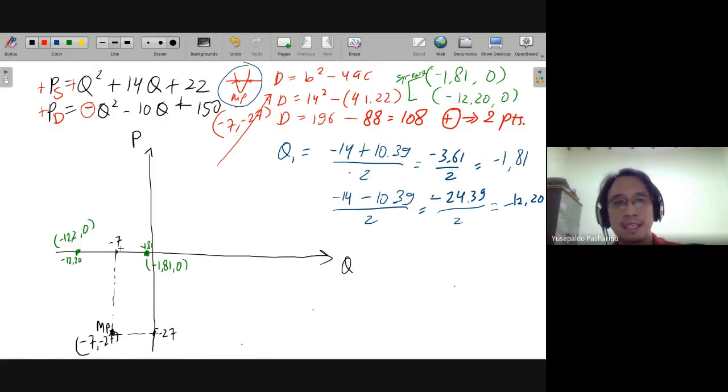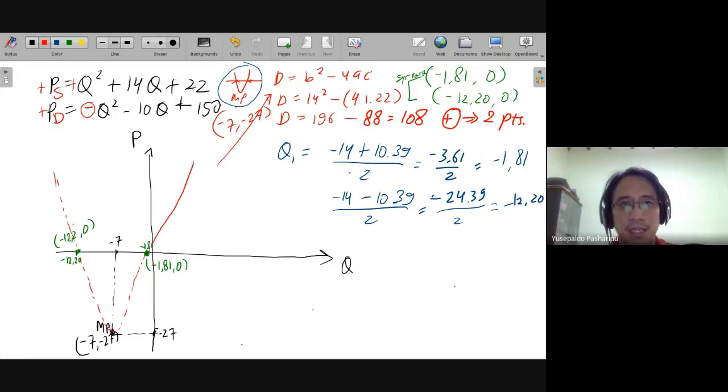Actually, if we draw this, we draw it with a dash, because this is negative, and negative is not really used in economics, but it can be like this.